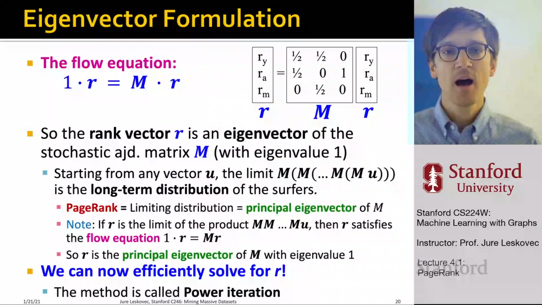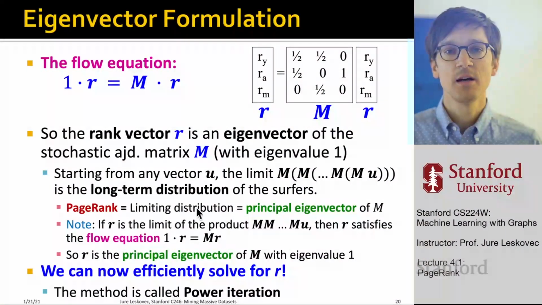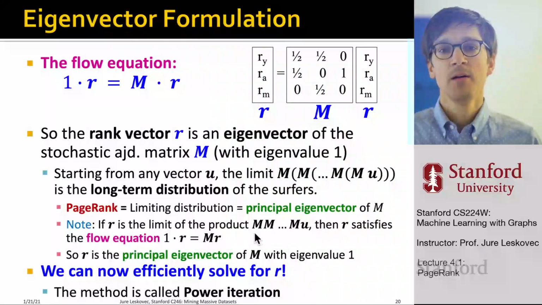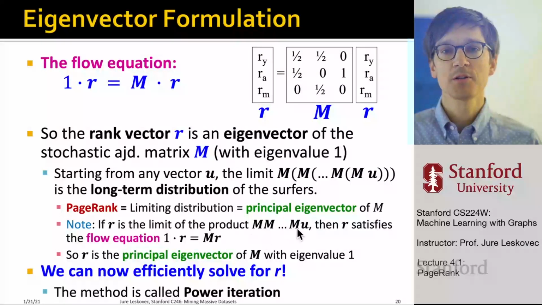Also notice if R is the limit of the product of repeated multiplications of matrix M and u, then R satisfies this flow equation that we have written up here, that 1 times R equals M times R. So what this means is that our vector R is the principal eigenvector of matrix M, and that it corresponds to eigenvalue 1.